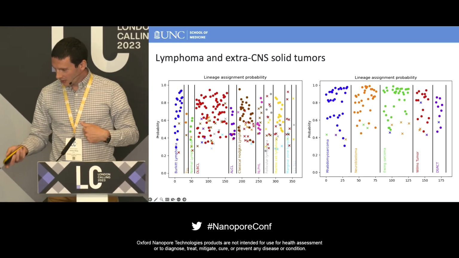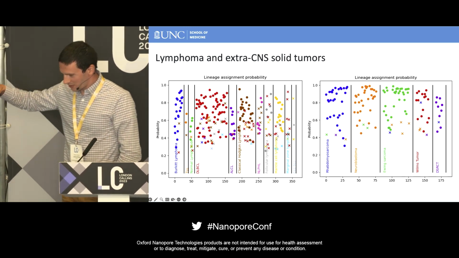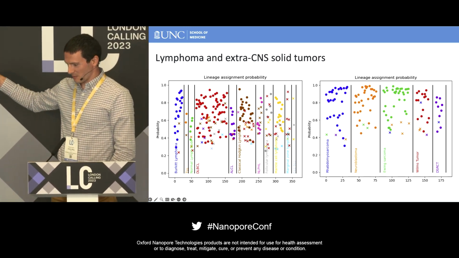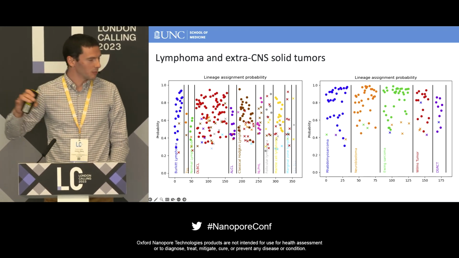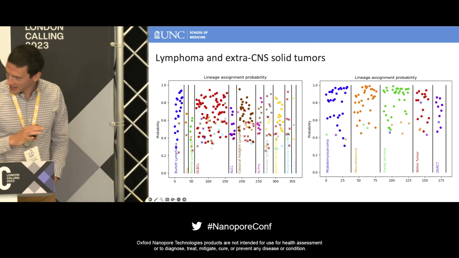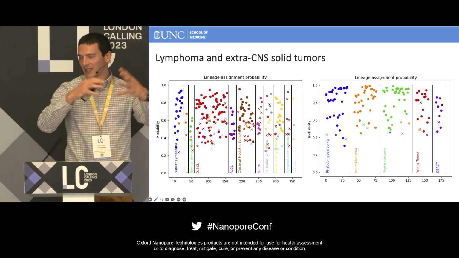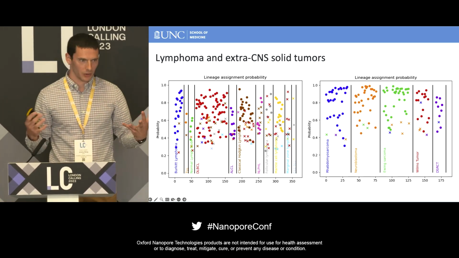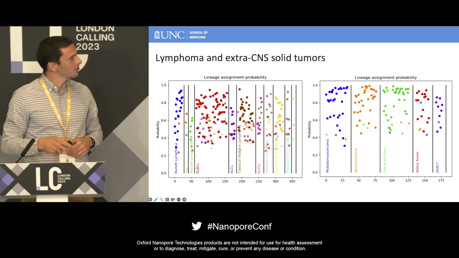On the left was probably this ill-advised model to try to classify all lymphomas, including many of our adult types, and you'll see that it's messy, but we're doing significantly better than chance at that. I think we had some more recent data. I didn't bother updating my slides, but looking at pediatric lymphoma types alone, there are only 5 or 6 dominant types, and this is doing reasonably well.